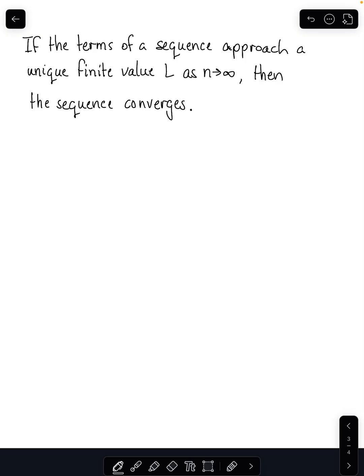Another way to say this is that the limit as n approaches infinity of a sub n is equal to L. If this is not true, if the terms of the sequence do not approach a unique value, or do not approach a finite value, or do not approach a unique and finite value, then the sequence diverges.